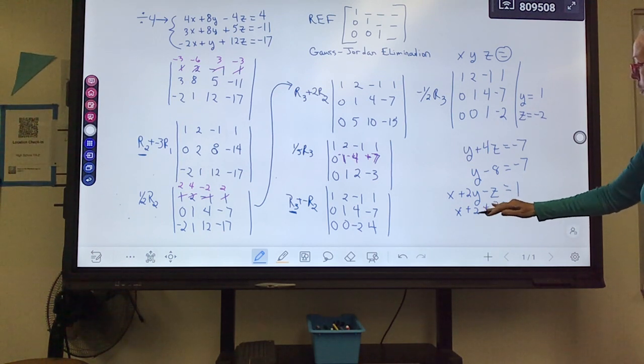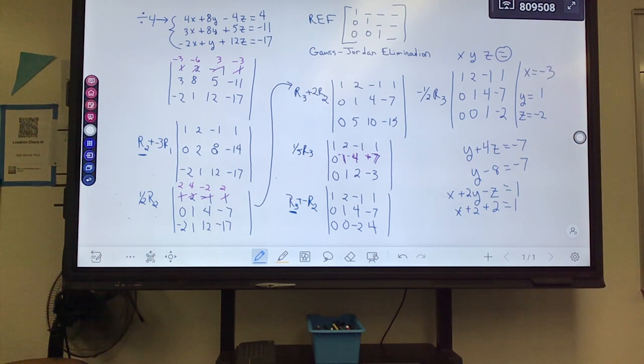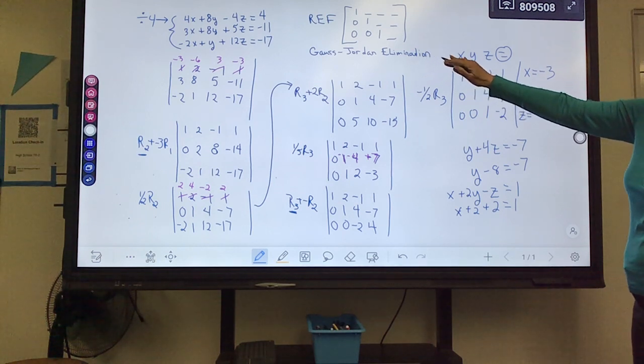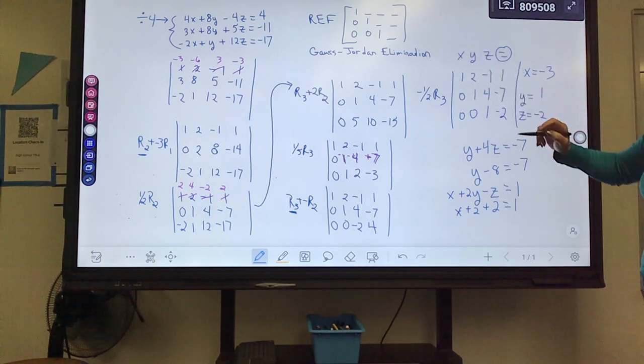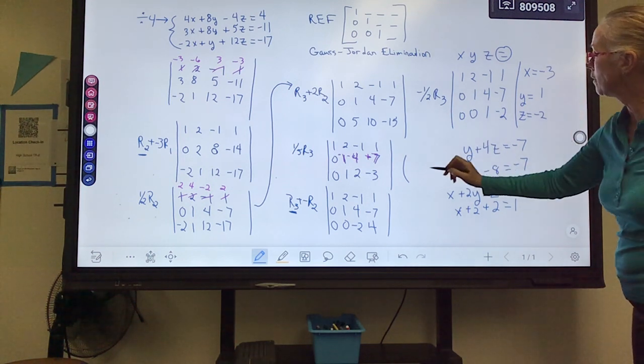This is 4, and if I subtract 4 over, I find that x is equal to negative 3. And I have found the solution for Gauss-Jordan elimination, or REF, to be negative 3, 1, negative 2.